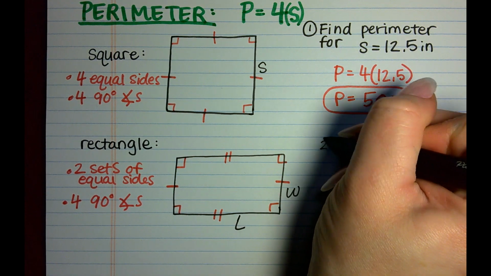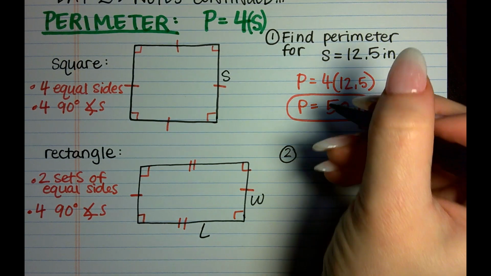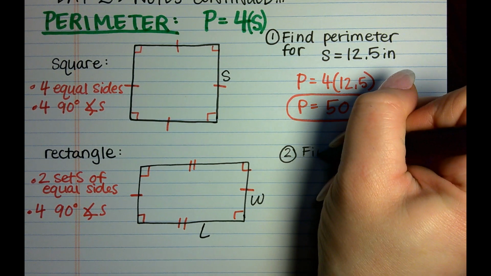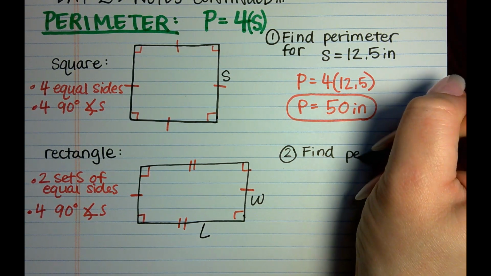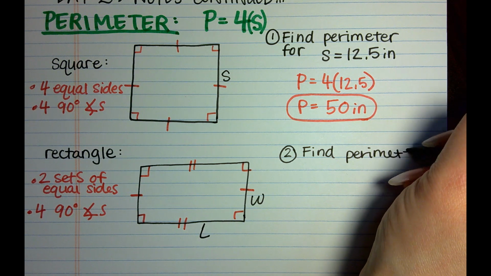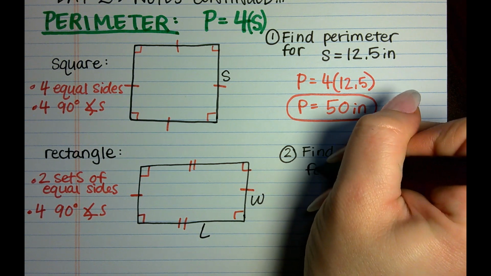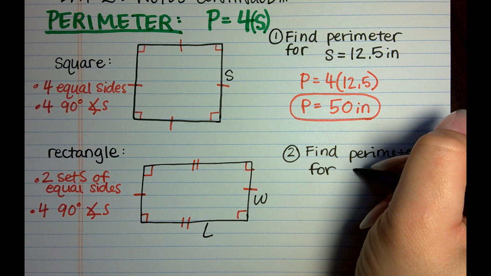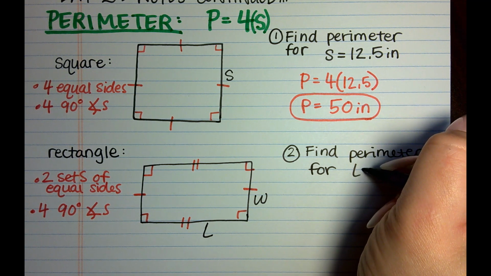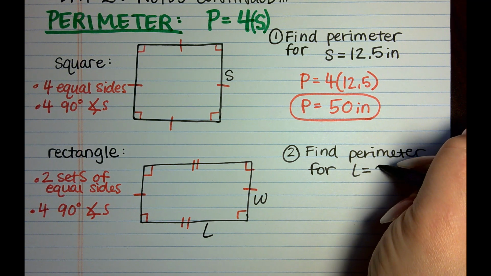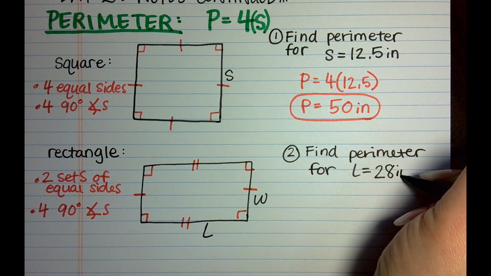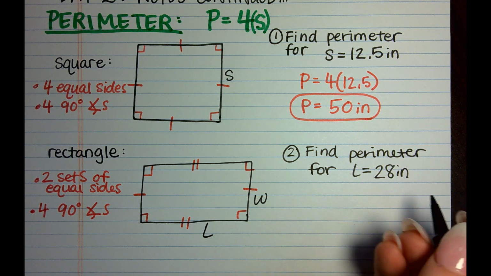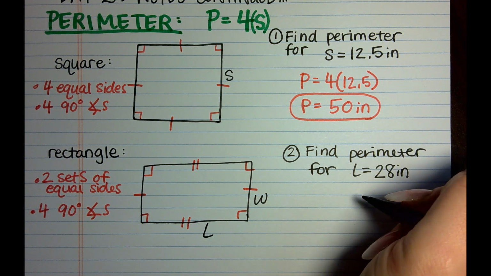So I want you now to find the perimeter for L equals 28 inches. And I'm going to give you something tricky.